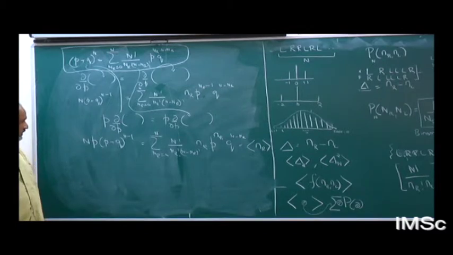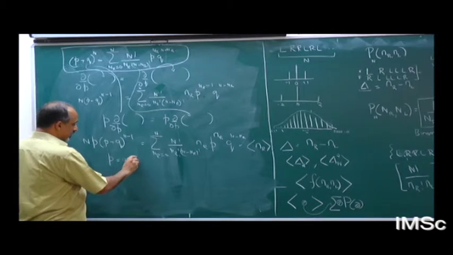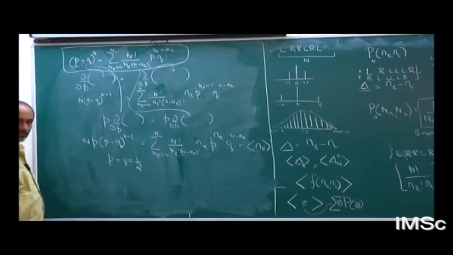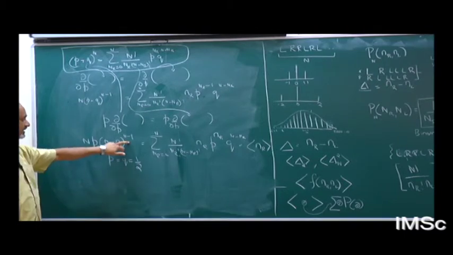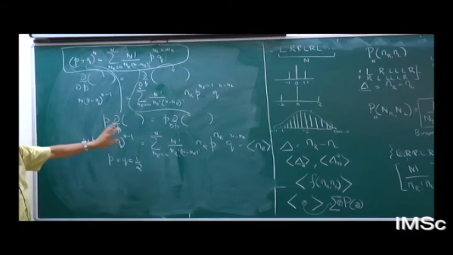Okay. So now let me take p equal to q equal to 1/2. Then p plus q equals 1, so this is 1 to the power n minus 1. 1 to any power continues to remain 1, no problem.